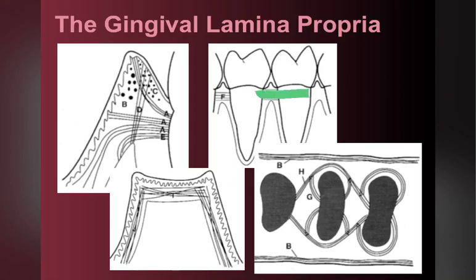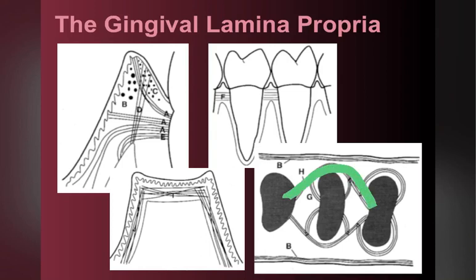F, transseptal fibers, from cementum to cementum above the crest of alveolar bone between neighboring teeth. G is called semicircular fibers. H are called transgingival fibers because they originate from cementum and insert in cementum, but not for neighboring teeth.